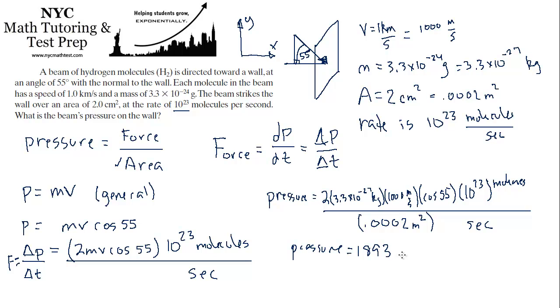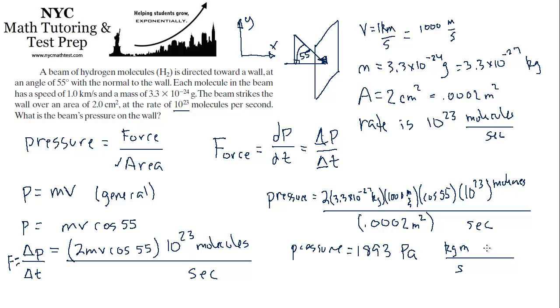First of all, what unit should that be? It should be newtons per meter squared, which is pascals. But let's check. So we have kilograms meters per second. Kilograms meters. I'll do a fraction bar. We'll get everything in either the numerator or denominator. Meters per second, so we get seconds down here. Cosine 55 has no units. 10 to the 23rd molecules per second.